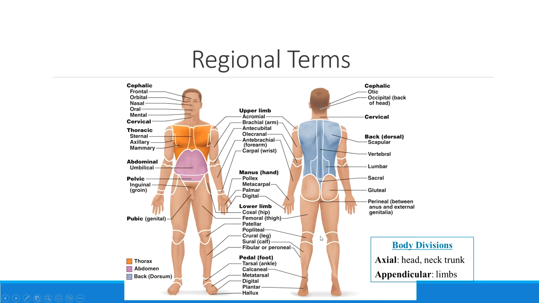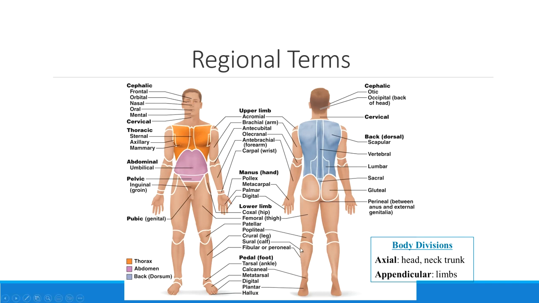And when we go down into the calf, there are two different terms that we use to describe the calf. These terms relate to whether you're on the outside, the lateral side, or the inside, the medial side. On the outside of the calf, we have what's called the fibular region, or sometimes this is called the peroneal region. Both of those mean the same thing, that we're on the lateral side or the outside of the calf.